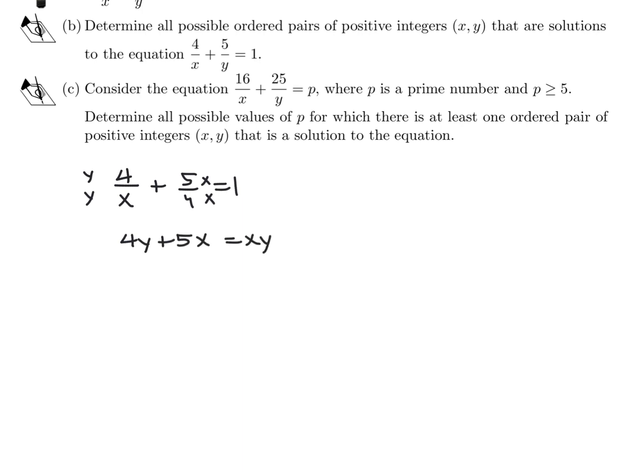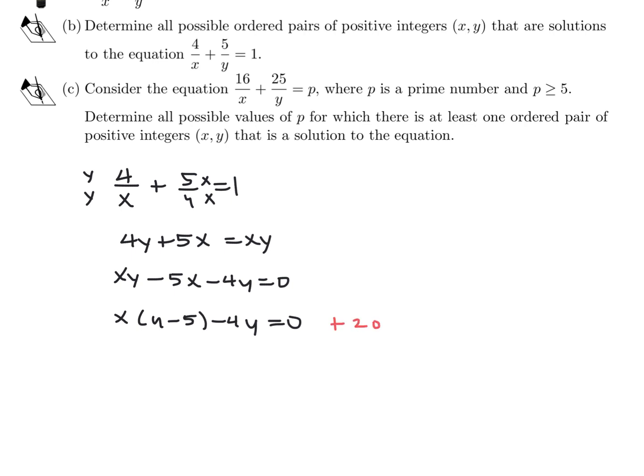Let's put everything on one side. So when we do, we get xy minus 5x minus 4y is equal to 0. So factor out an x: x times y minus 5, minus 4y is equal to 0. Okay, so this is where the fancy algebra comes in. We have to add 20 to both sides.